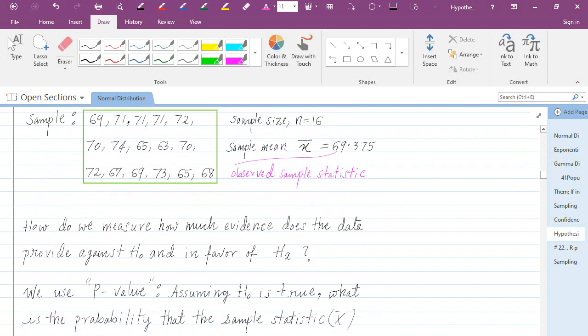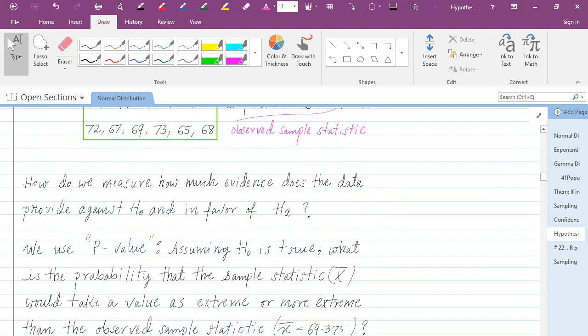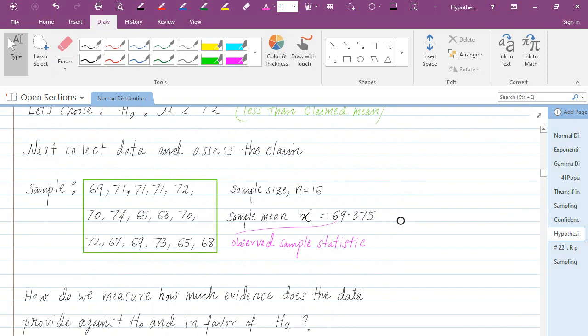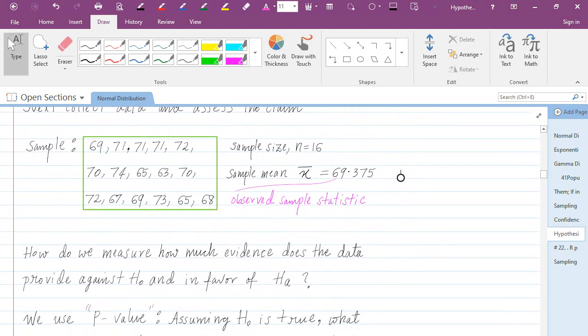Now, how do we measure? Okay, so we did the second step, that is to collect data, making sure that it's a simple random sample, and then compute the sample statistic, which we did.